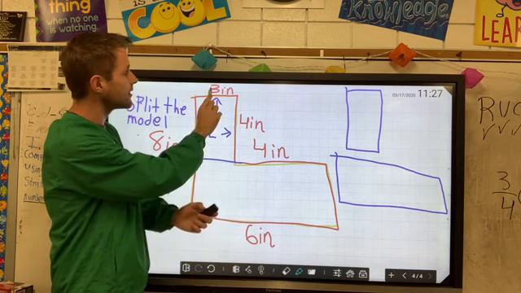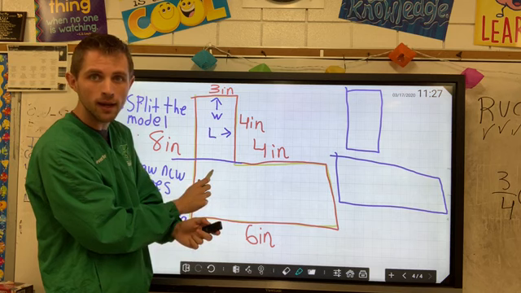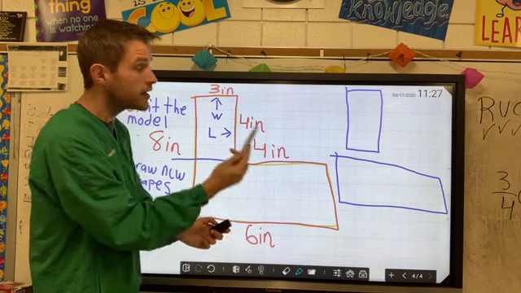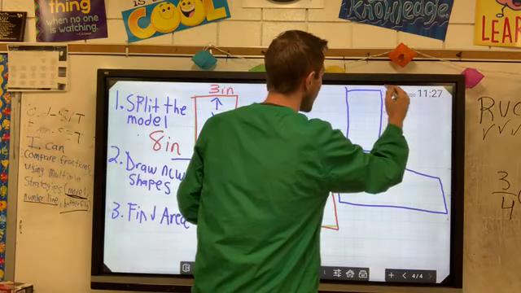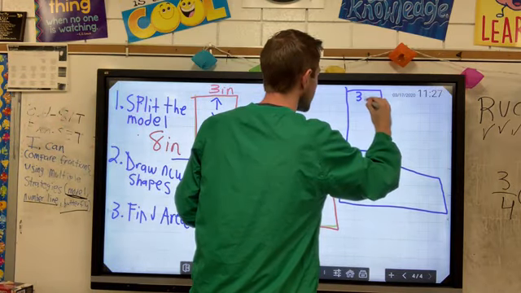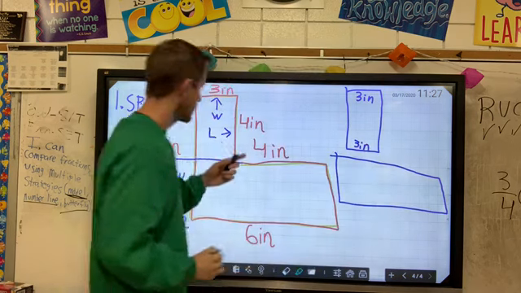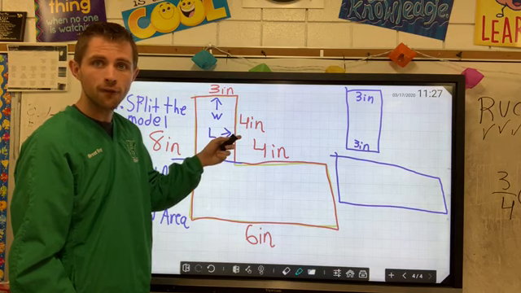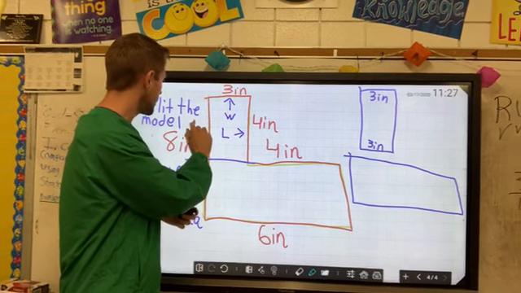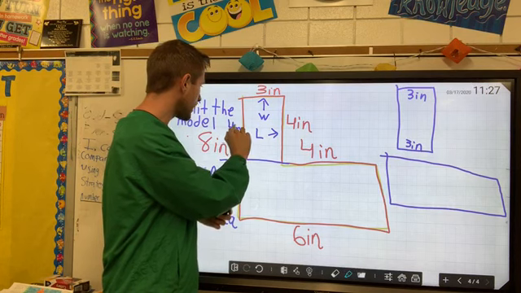Because if the width up here is 3 inches, that means that the width at the bottom has got to be what? 3 inches. So we actually have the width of this rectangle already. We don't have to find anything. We have 3 inches up top, 3 inches on bottom. We have a length of 4 inches here. If it's 4 inches here, that means that it's going to turn into 4 inches over here.